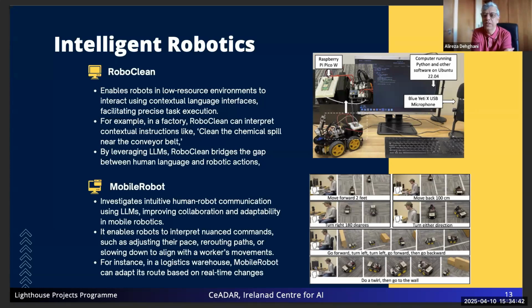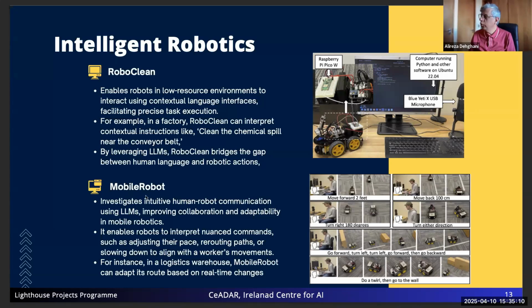So a worker, for example, can say, there is oil on the floor near the red toolbox. And RoboKilling understands the red toolbox refers to a location, and then it can identify the task, clean the oil, find cleaning tools and do the job automatically. So see, that's an interesting application of LLMs for the robotic industry.